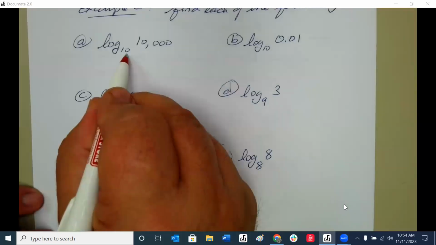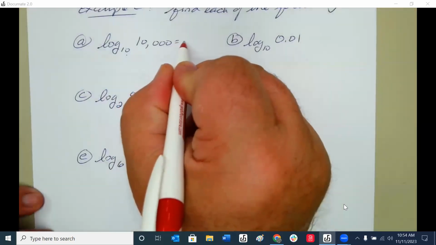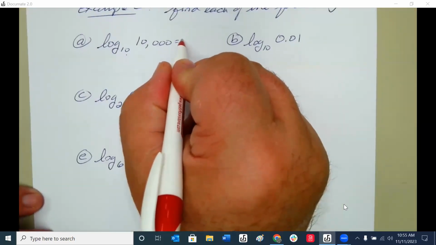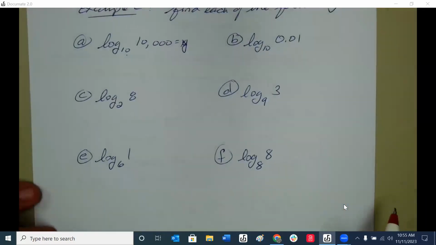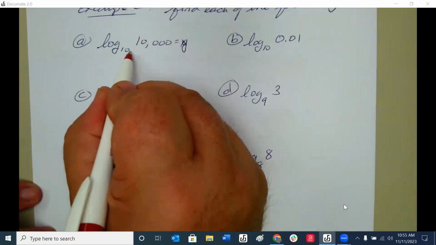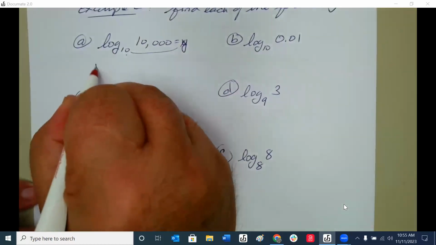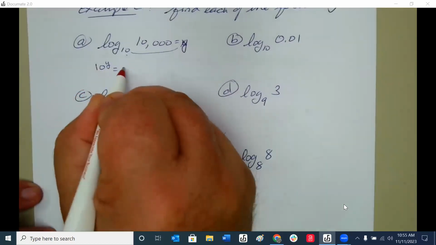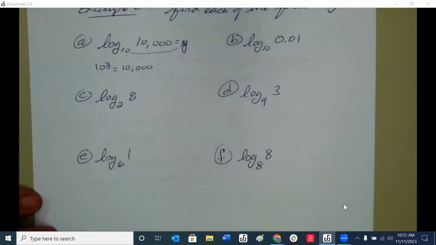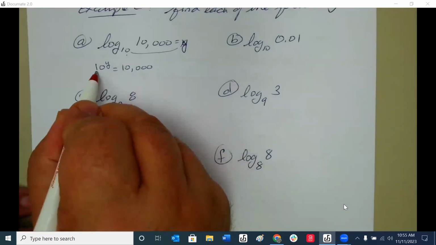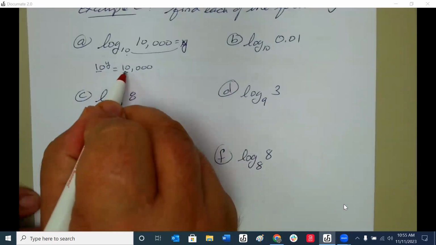All right, so let's look at the first one. We don't know what these equal, so we say y. Let's convert this to exponentials. So it becomes 10 to the power y equals 10,000. What we have to do here is try to make the bases the same.